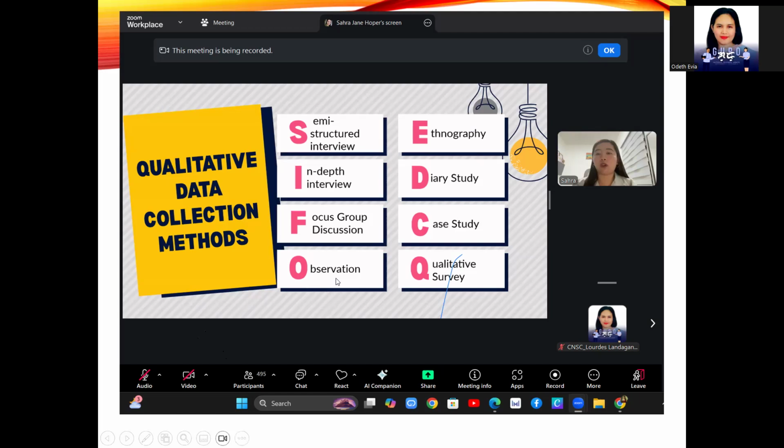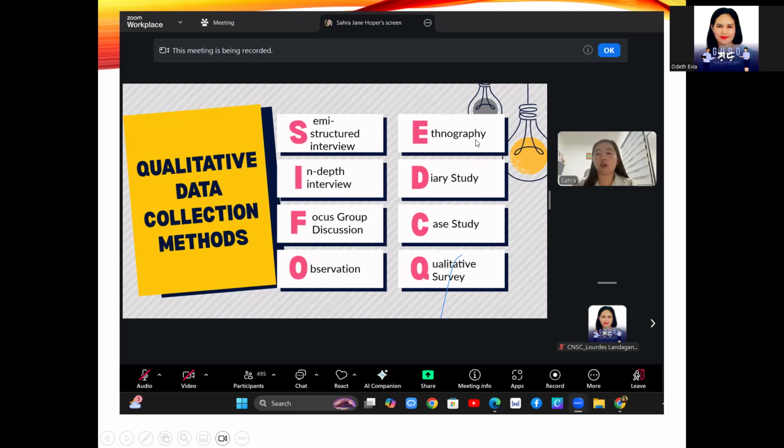And another one is observation. So when a researcher immerses himself or herself in a community, he uses observation to describe the lived experiences of the participants or the respondents of the study.